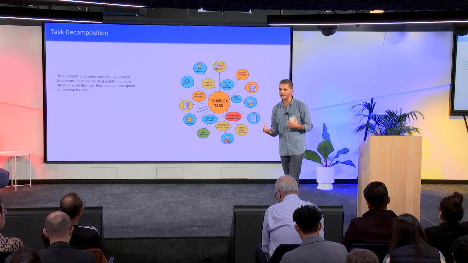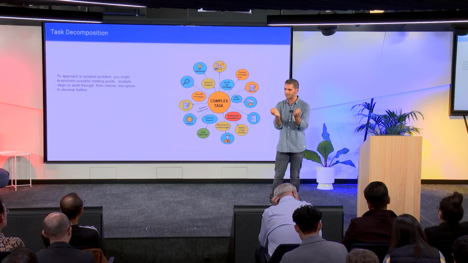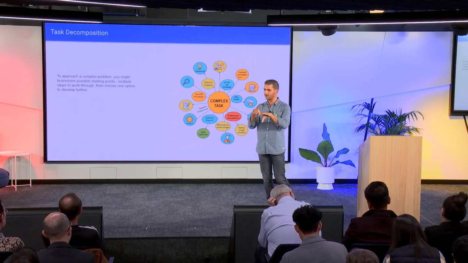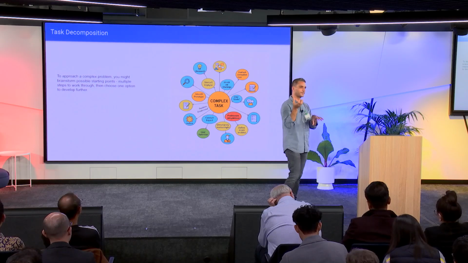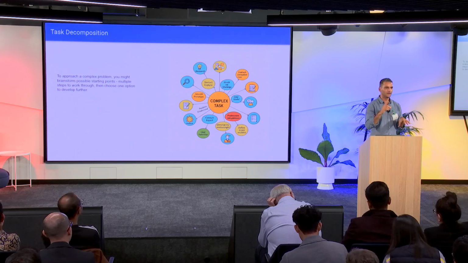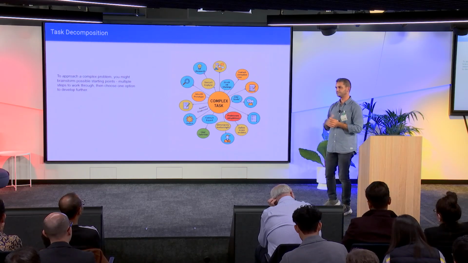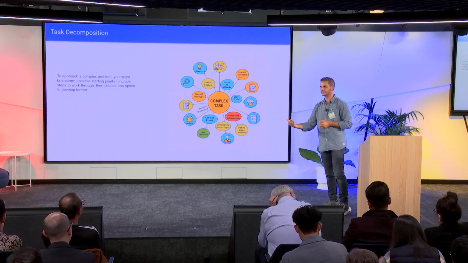So what you are doing here is you started with a complex thing, but you decomposed it, right? You took a starting point, you gave it some input, it came back with some outputs. You picked one response out of that, and then you started building on top of it with more information, more context.